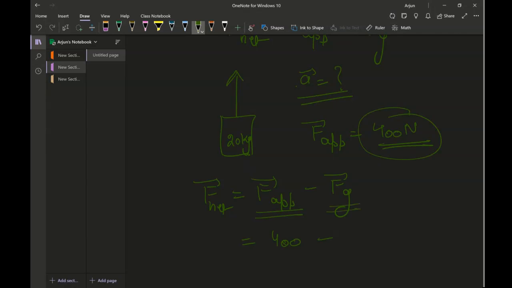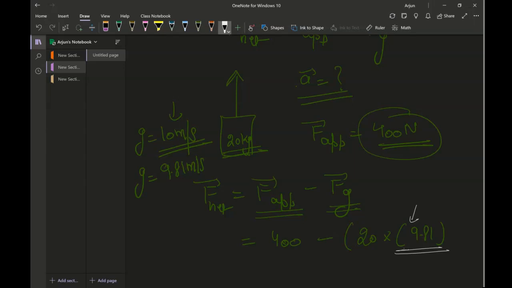The gravitational force is not given to me. This is 20 kgs. Now, just for the sake of the question, I will take the g value as 10 because I don't have the calculator with me right now. So I'll put it as 10 meters per second squared, but the g value is 9.81 meters per second squared. All right. So I'm going to place this number, 20 times 10. Now, a caution here: I haven't used the negative sign on this one.